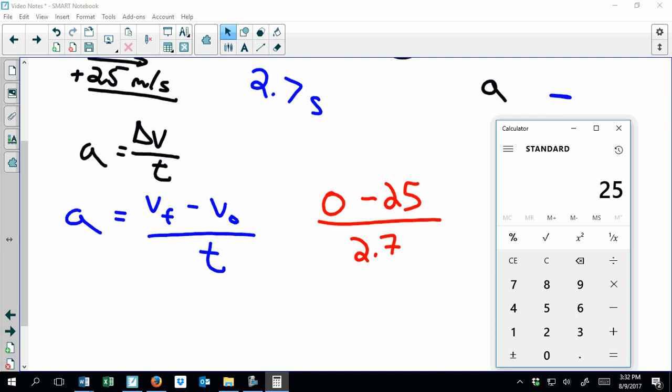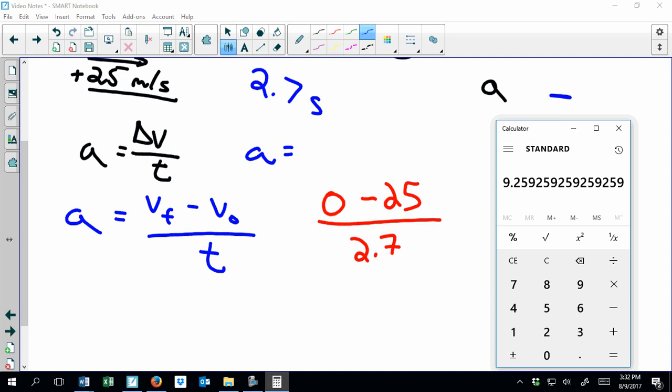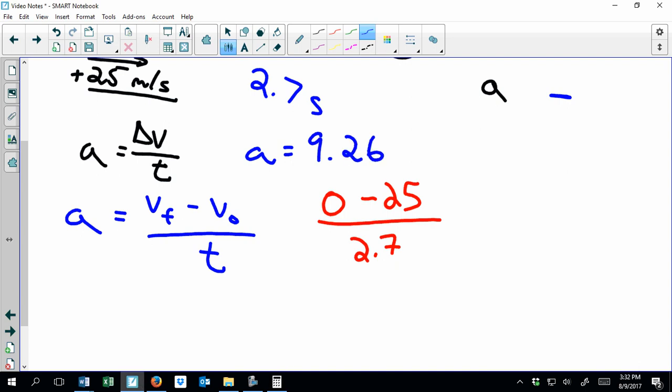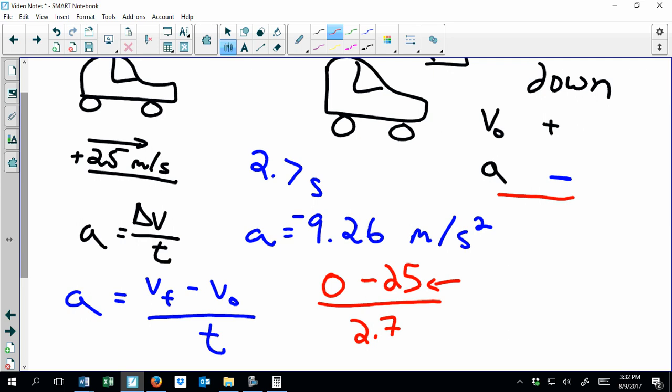It's hard to do negatives on these calculators, so I'm going to just do it as a positive and then change it to a negative afterwards, divided by 2.7, which means that my acceleration was 9.26 meters per second squared in the negative direction. And that's it. My signs matched up. This number was negative. If I divide this negative number by a positive number, I should get a negative answer. That checks out with the logic I put through at the beginning. I said I know that this should be a negative number. If I do my math right, it will come out a negative number, and it in fact did.